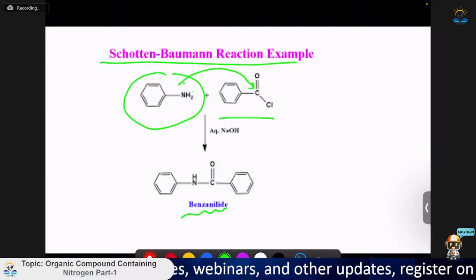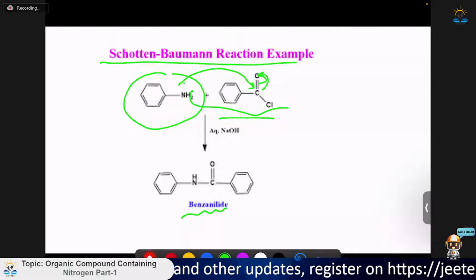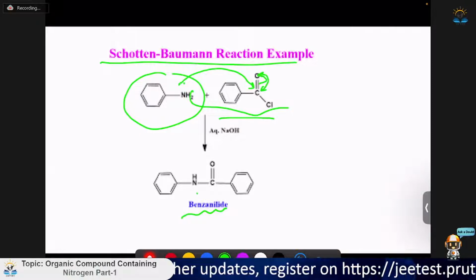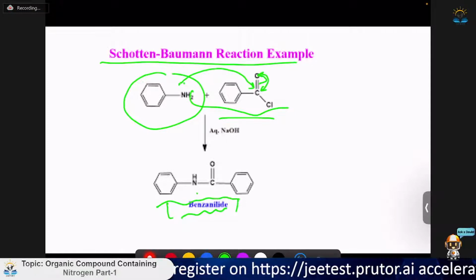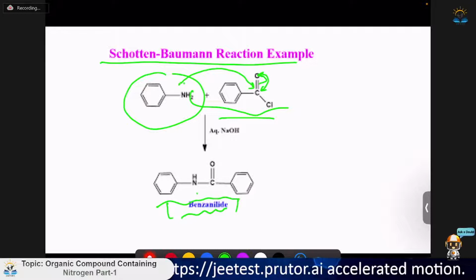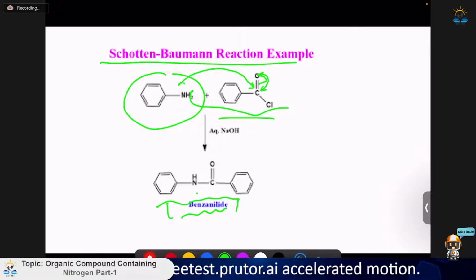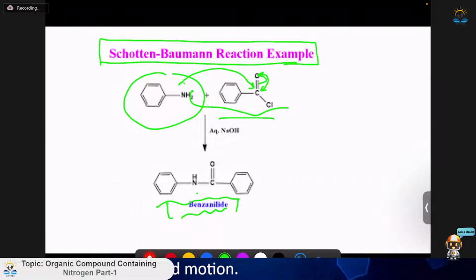HCl will come out, then this will shift first here, and then again it will shift here. So benzanilide will be formed. Whenever an aromatic amine reacts with acyl chloride, so acid chloride, it has a special name, Schotten-Baumann reaction. So this acylation part is a special named reaction, the Schotten-Baumann reaction.